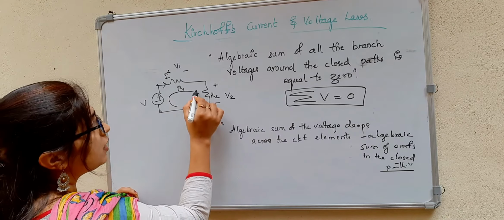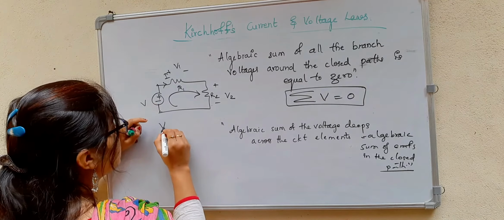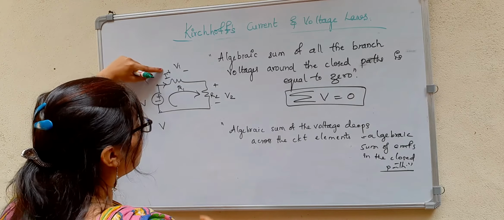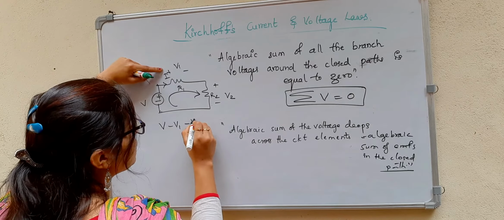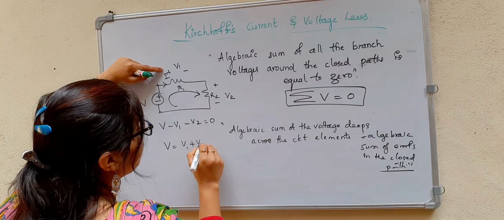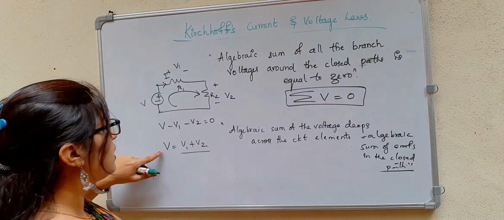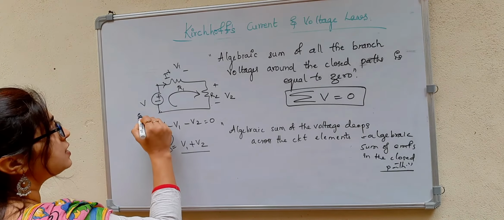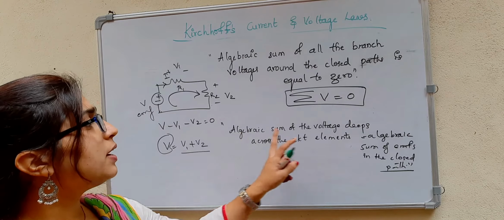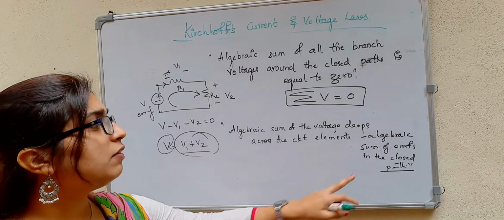If I apply Kirchhoff's voltage law here, I am getting minus first, which means it is plus V. Then we have minus V1 minus V2 equal to 0. So V is equal to V1 plus V2. These are the voltage drops across the circuit elements, and V is the EMF. So the algebraic sum of the voltage drops across the circuit elements will be equal to the algebraic sum of EMFs.